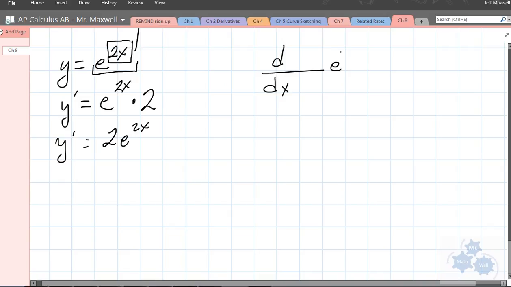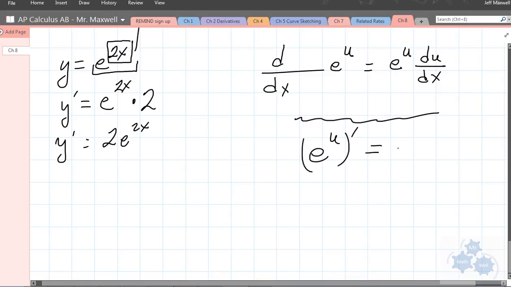Okay, let me finish my thought here. If you have some function that is not just x, and you're differentiating this function with respect to x, this is where you have to do the chain rule. So it's e to the u times du dx. Or, another way to put it, the derivative of e to the u is e to the u times u prime.